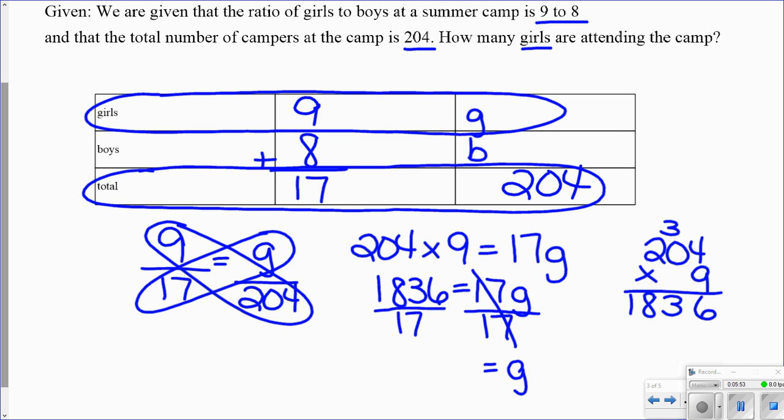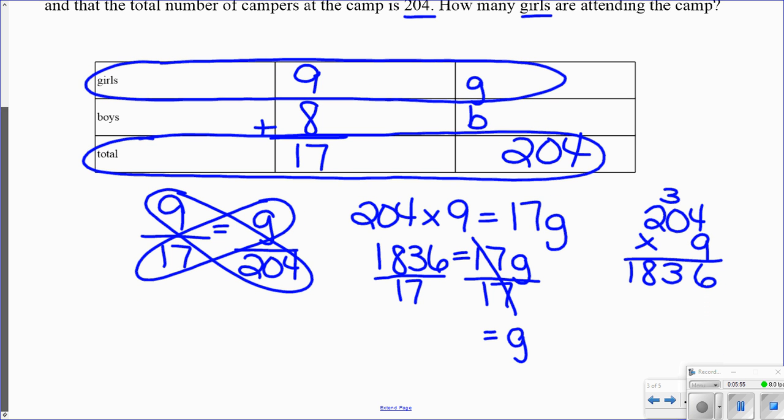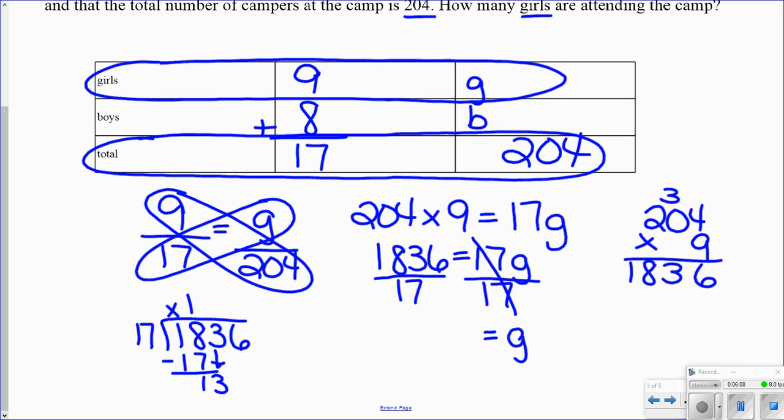And 1,836 divided by 17. 17 does not go into 1. 17 goes into 18 one time. Bring down the 3. 17 does not go into 13. Put a 0 up to bring down the 6. 17 into 136 is 8.